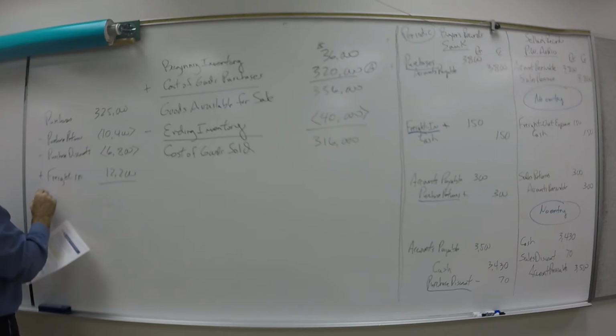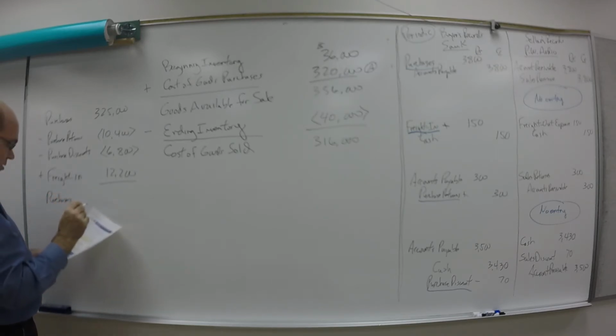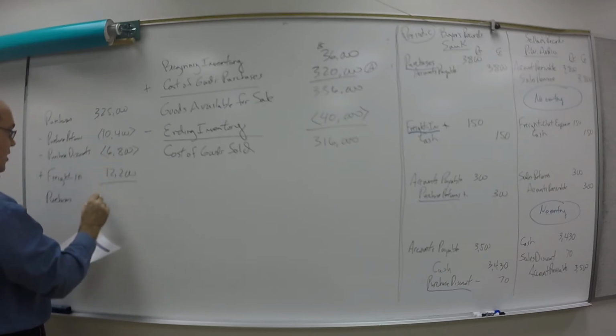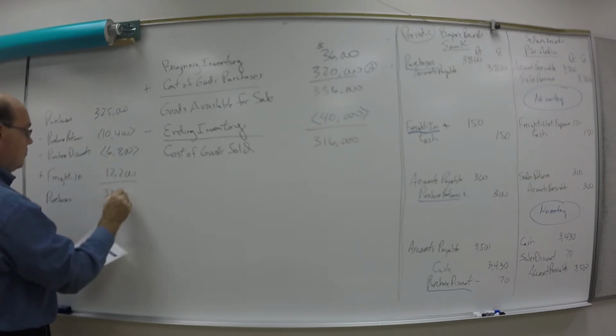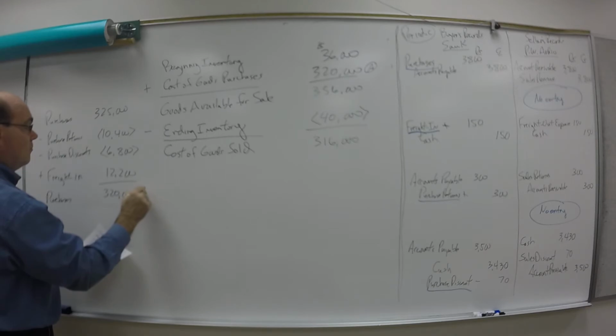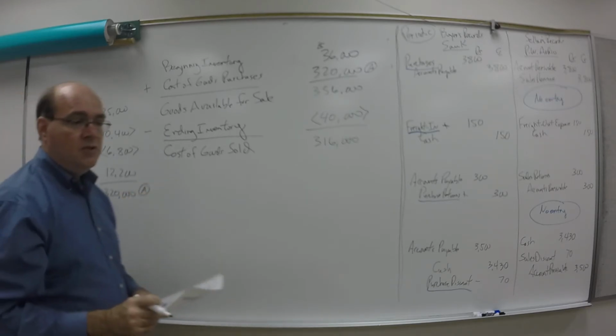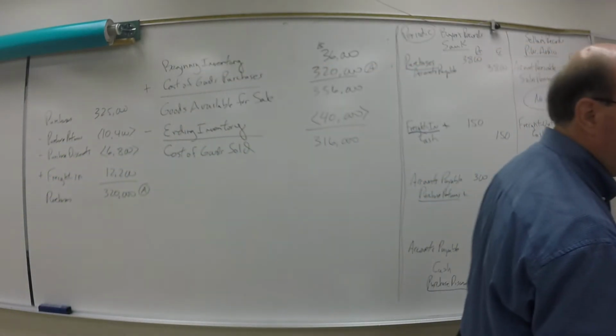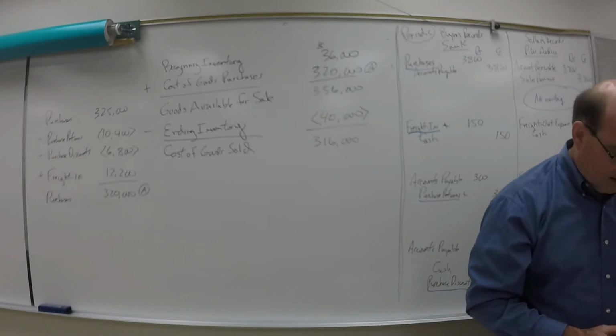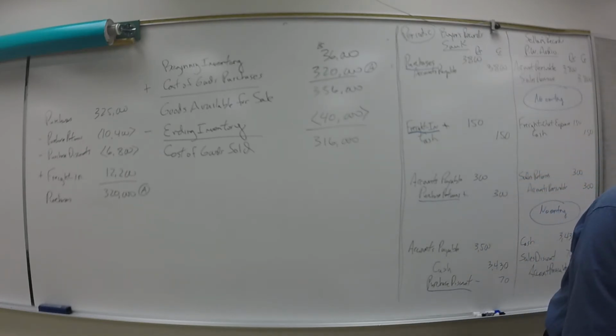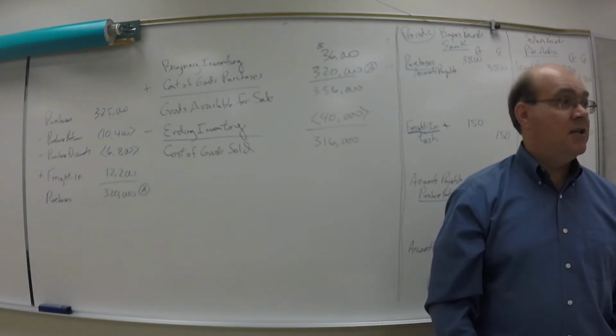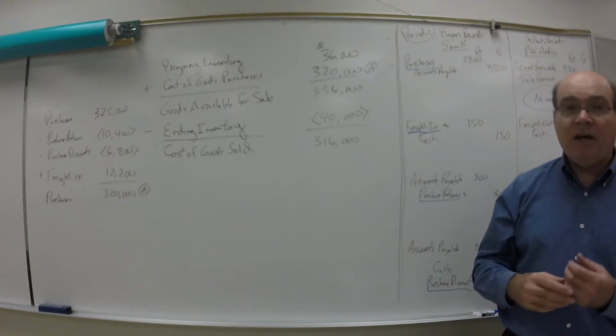And that's going to be the $320,000. So, just so you're clear on how we got to that number. They show it more neatly in the stepped income statement at the bottom of the page. That's the way you want to set it up in a GAAP statement, but that's the theory behind it.